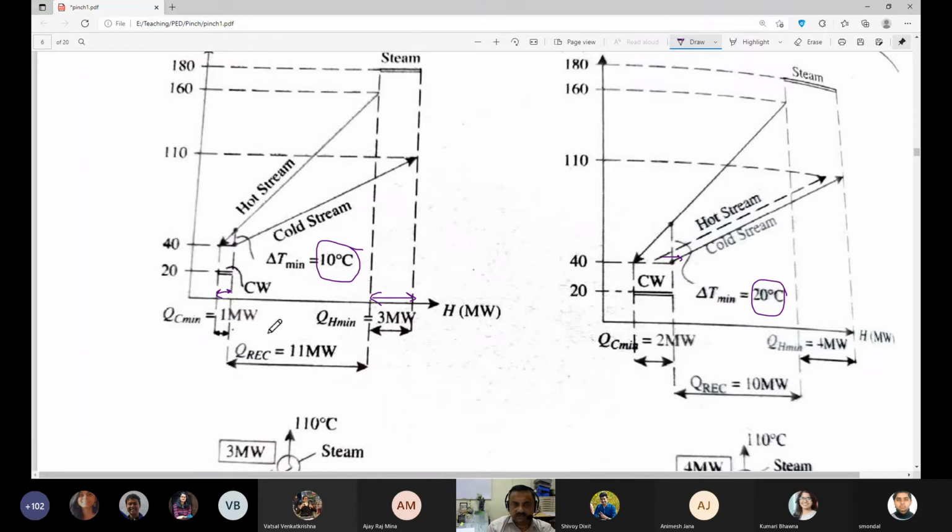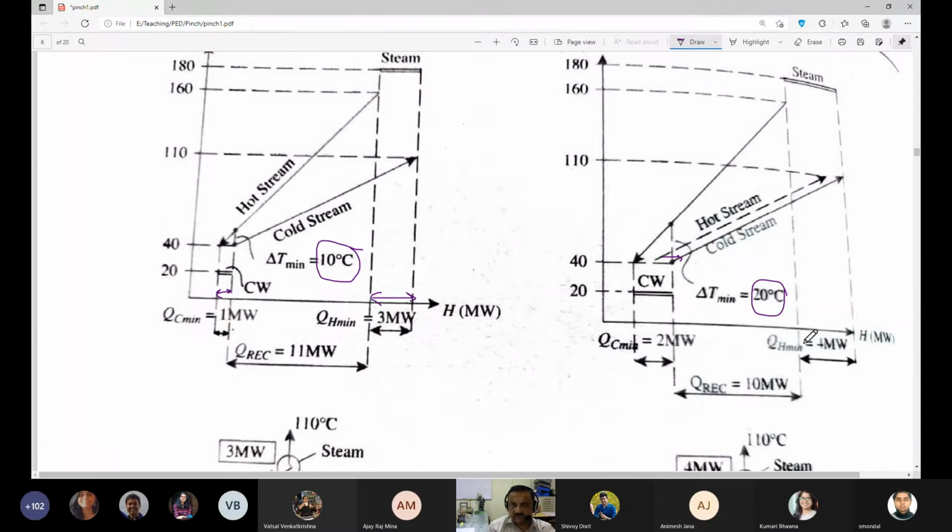When you draw these yourself, you have to figure out that this is 1 megawatt and this is 3 megawatt, and this difference is 11 megawatt. That is the heat exchange done. Whereas the moment you increase this delta T to 20 degrees, you have to draw this curve yourself.